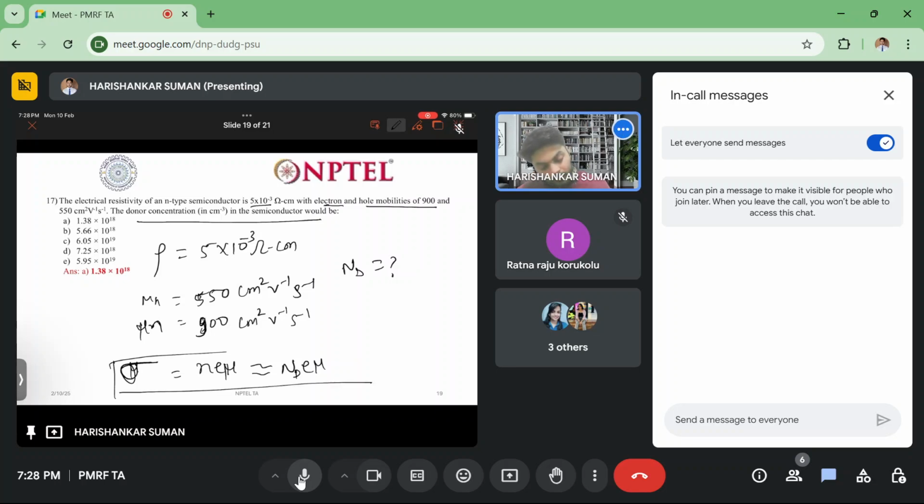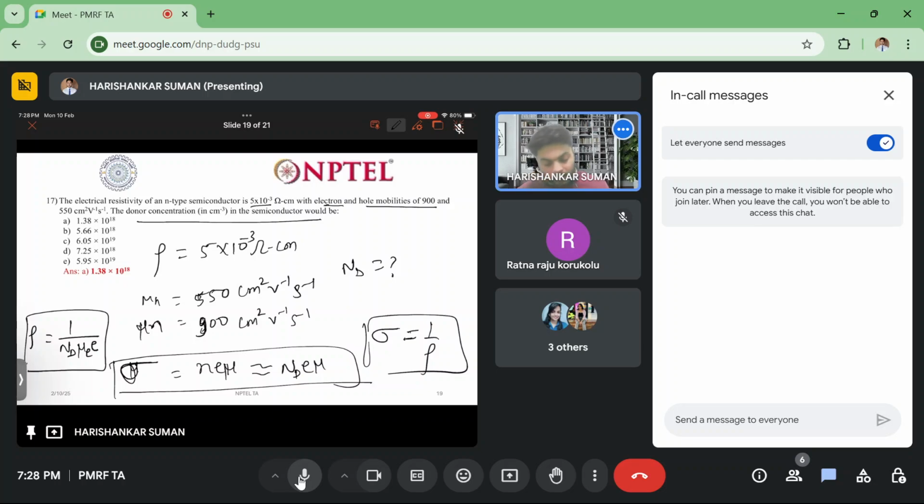So 1 upon rho, this is the relation. So rho equals 1 upon ND mu times electronic charge. Please use this equation and try to solve.